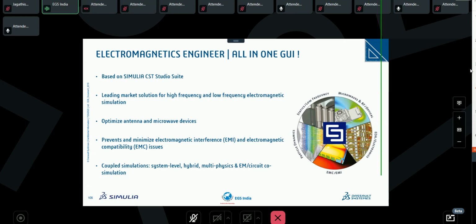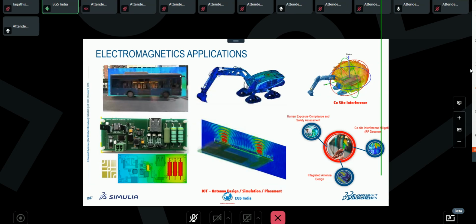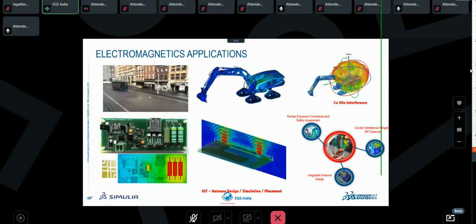Next, this is a highlight slide where we can check for any kind of problems, like you can see over here. Here is a representation of the electromagnetic field in moving transportation such as buses or flights.